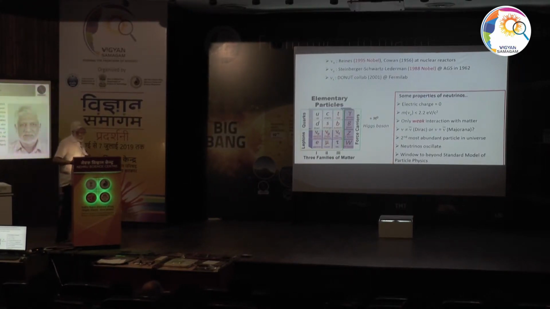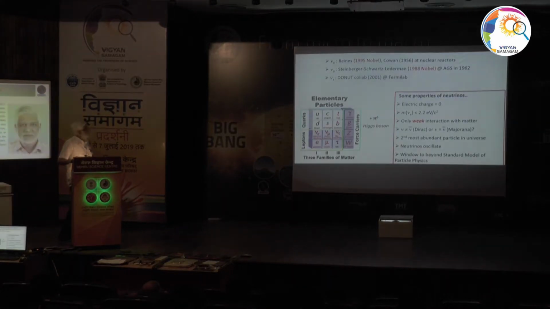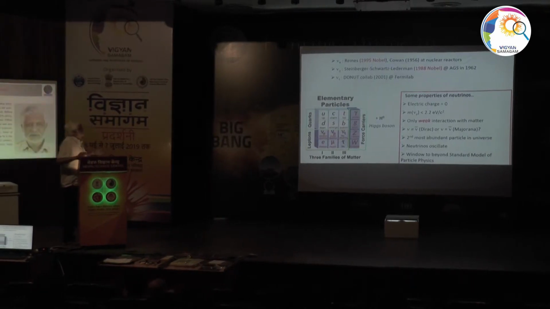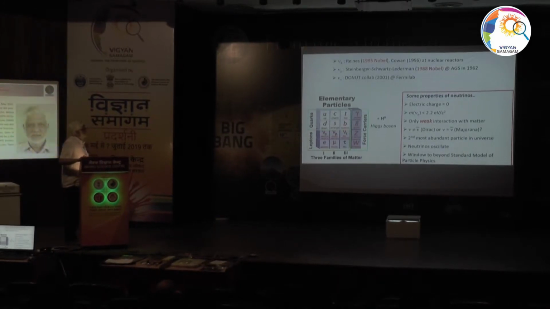They wrote up a seminal paper in Science, which is the premier journal at that time, apart from Nature. And for that, Reines got the Nobel Prize in 1995. Cohen was no more by that time, so of course he couldn't. People who long passed away don't get Nobel Prizes. That's the Nobel Committee's rules of the Nobel Prize.